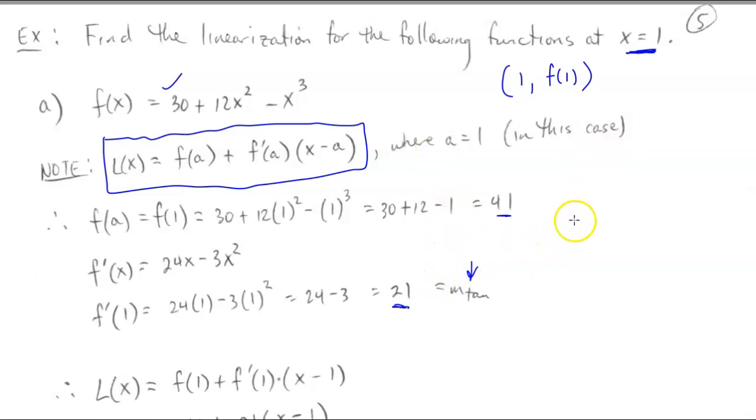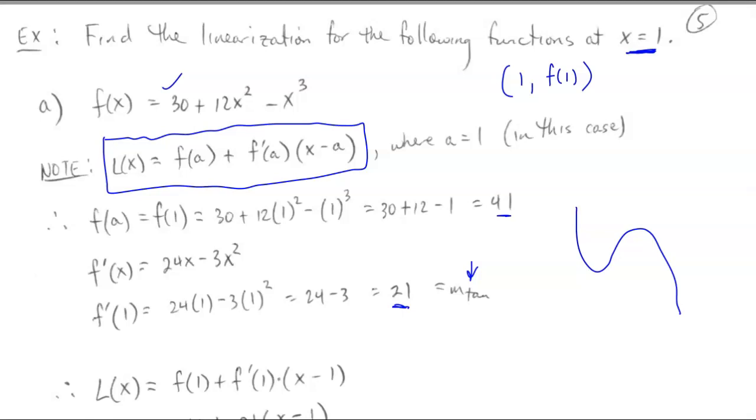Just to draw out what this may look like, this function could possibly look something like this. We have a point 1, f of 1, which is 41, and I'm going to try to draw this.